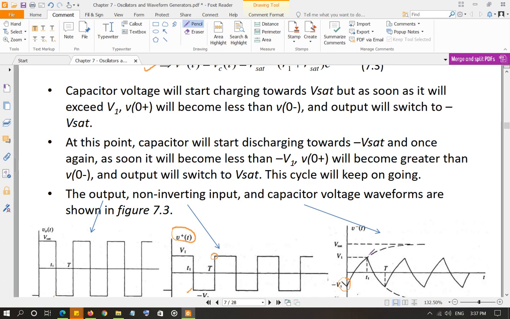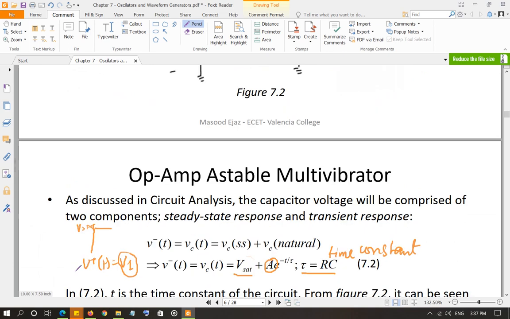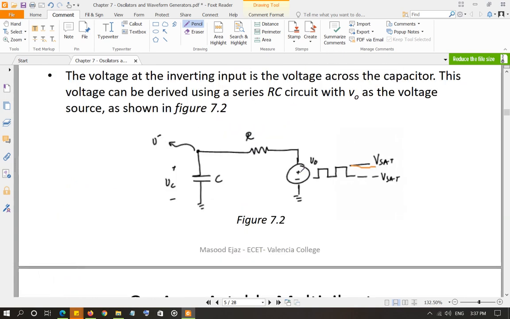If we let it charge, it would eventually go to Vset, the steady state value, but it cannot, because as soon as it exceeds this value, the output switches to negative Vset, and since the output is the input waveform for the capacitor, instead of Vset its value will become negative Vset. So now the capacitor voltage will be greater than this voltage, and the capacitor will start discharging.